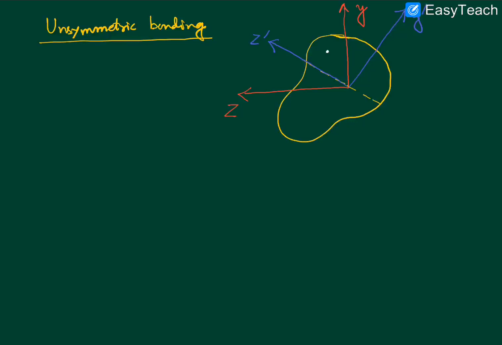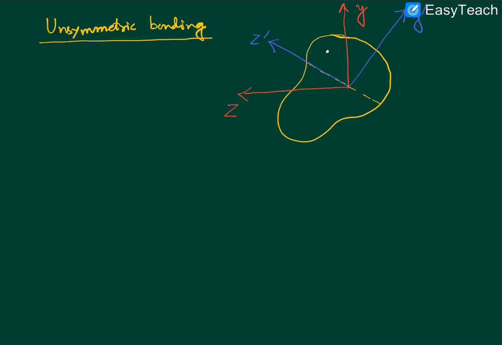Now refer to the y-axis and the z-axis. This point that we have just taken will have the coordinates y comma z. I repeat, the coordinates for this particular point that you have chosen would be y comma z.